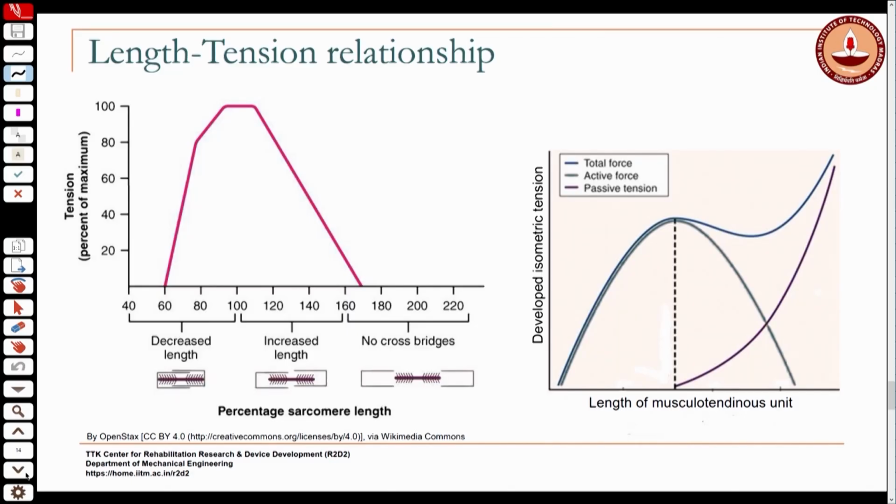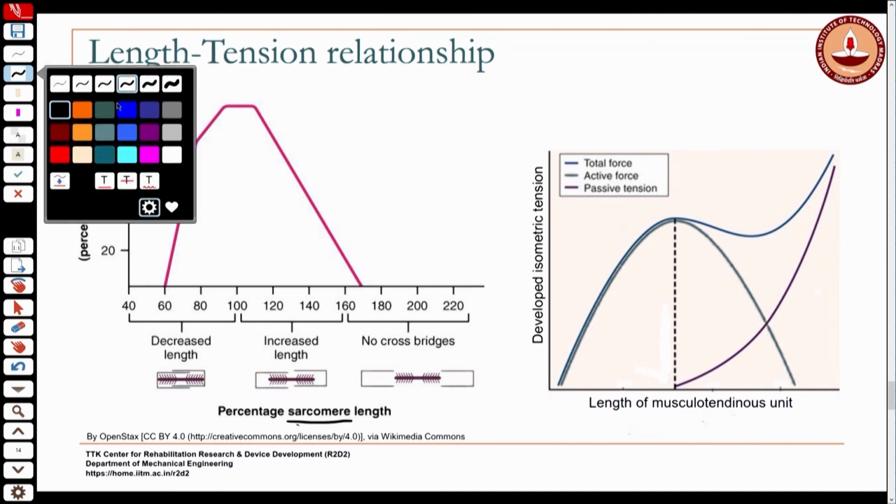If you look at this one on the left, this is for the individual sarcomere, which has its own length tension relationship, and the sarcomere is essentially your active contributor to the tension. When it receives a signal from the nerves, you have the active sliding happening between just the active portion of the muscle.